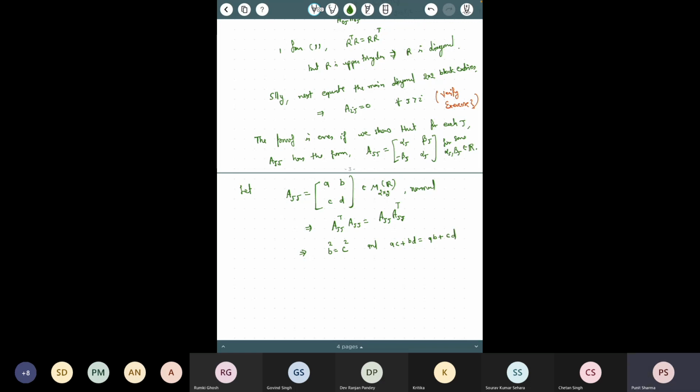Now if B square equal to C square, this implies that B is equal to plus minus C.